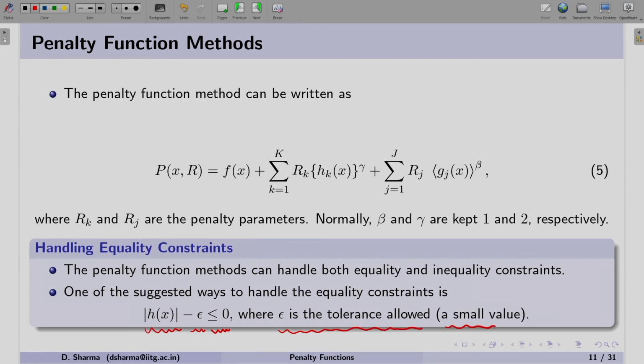Generally, we keep a small value, say 10 to the power minus 3, minus 5, etc. So this new kind of constraint for equality will make one equality constraint into two inequality constraints, and this inequality we can use with our formulation, and we can very well use the bracket operator with such kind of inequality constraint.